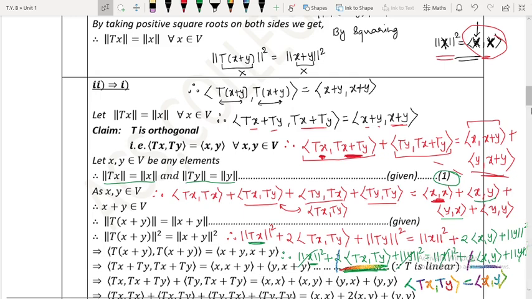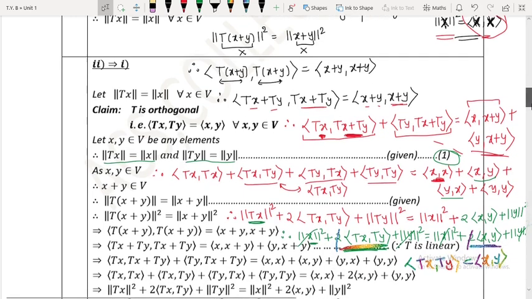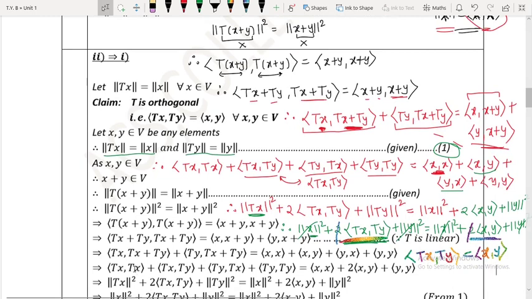And then in the next step, tx with tx, now we have fixed this naturally and we have separated this, so we got this plus ty with tx plus ty with ty, which is equal to the inner product of x with x plus, now since y with x is x with y, we got twice over here.